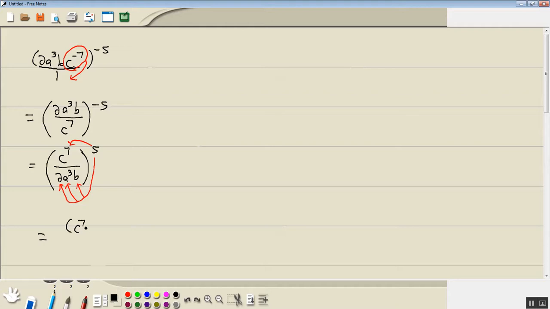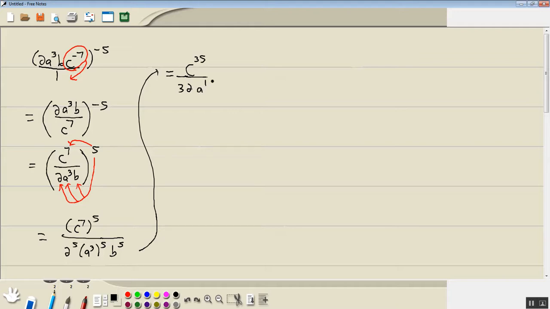So we're going to have c to the 7th to the 5th. We'll have 2 to the 5th, a to the third to the 5th, and b to the 5th. Now when you raise one exponent to another exponent, you multiply them together. So 7 times 5 is 35, so we're going to have c to the 35th. 2 to the 5th is 32.